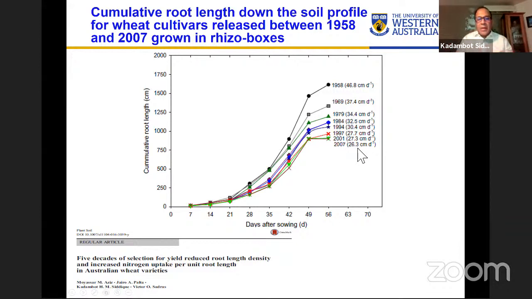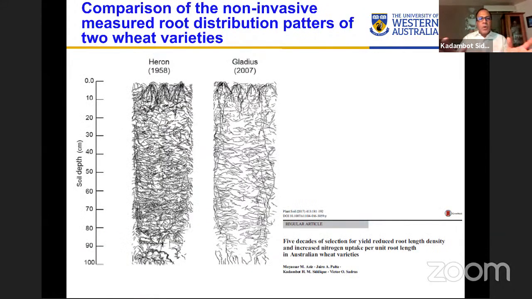So it's very clear that the breeders have unknowingly reduced the root system and put most of the resources into the shoot and then increased the harvest index in order to give more grain yield. Believe it or not, we were able to trace that using our technique. These are actual roots from the soil. Heron was released in 1958, Gladius in 2007.